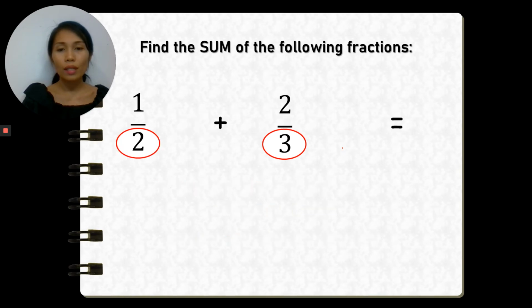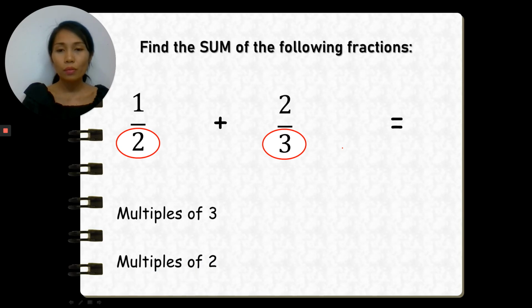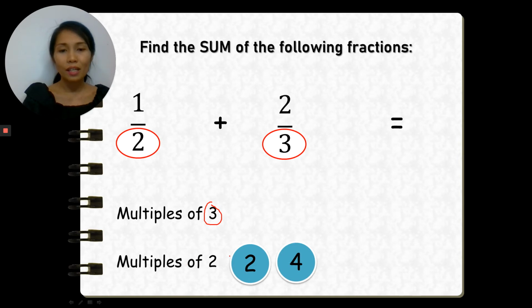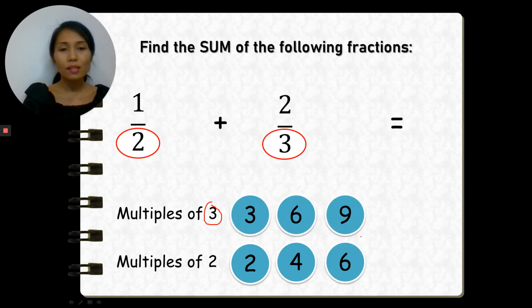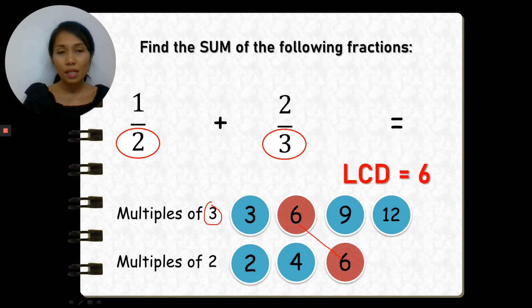To find the least common denominator, we need to find the multiples of 3 and 2. 3 is the greater denominator, so we'll start with 3. Okay, we can start with any. 2, 4, 6, 8; 3, 6, 9, 12. There's already a common multiple in here, and it's 6. So 6 will be the LCD.